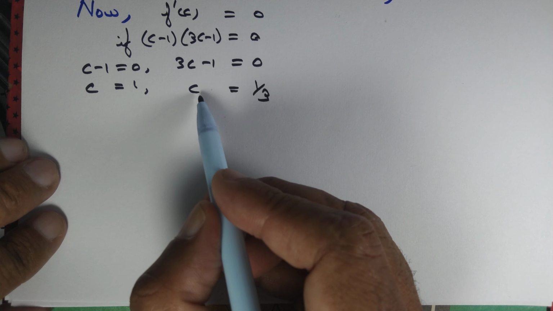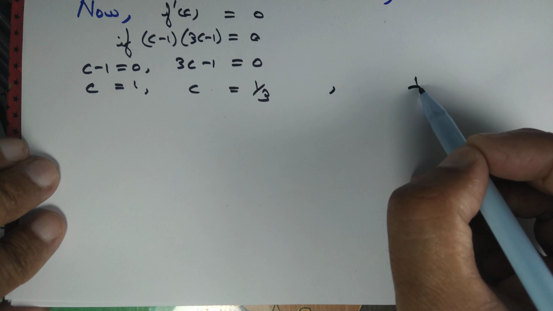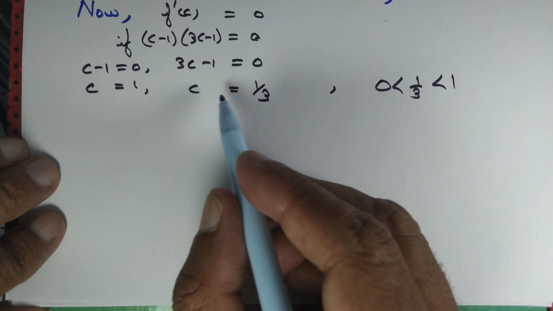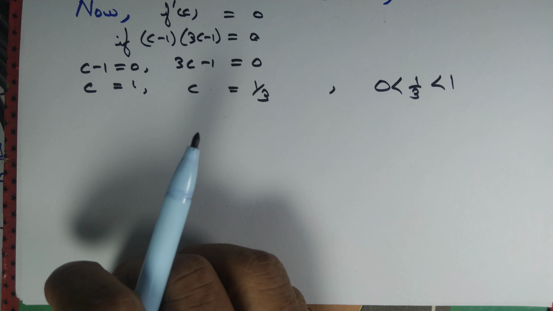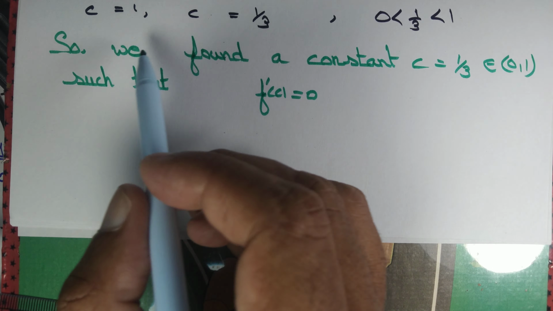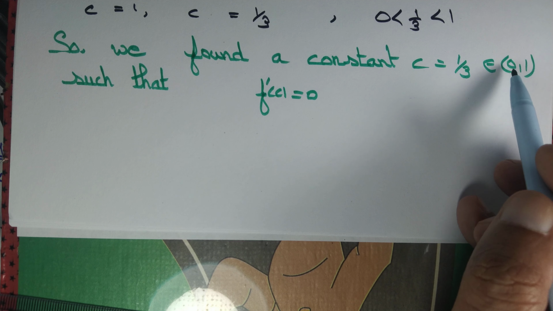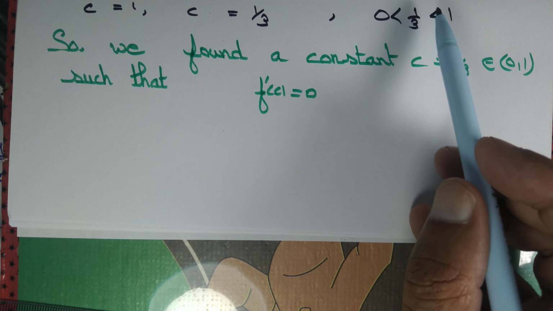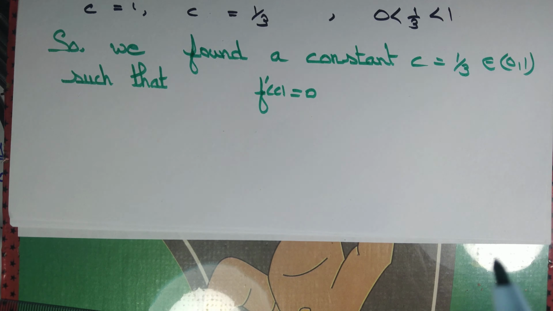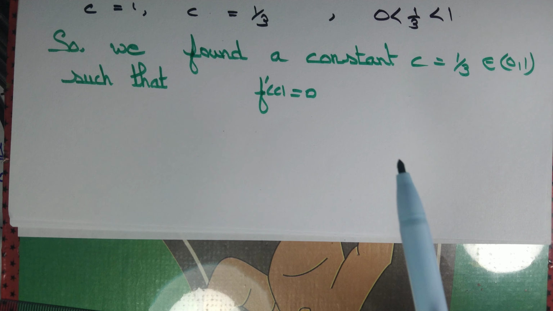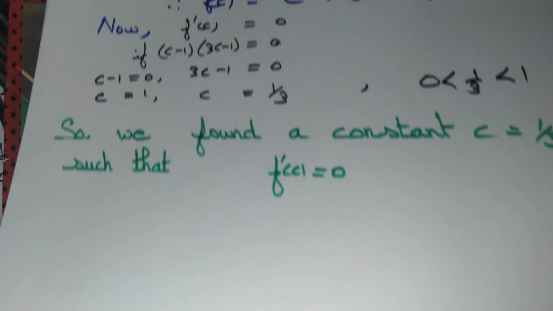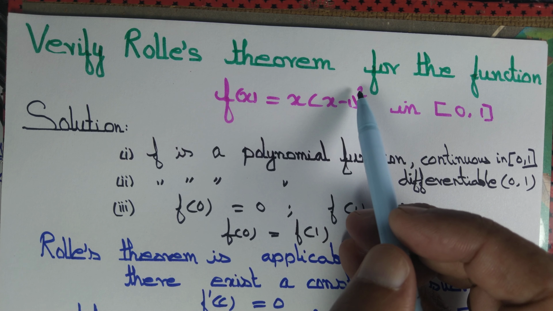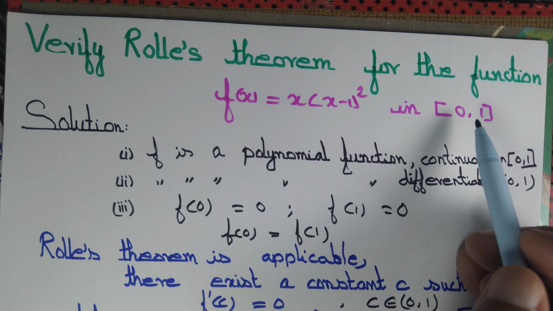The answer is yes. 1/3 is greater than 0, less than 1. So we found a constant c equal to 1/3 in the open interval (0, 1), 1/3 lies between 0 and 1, such that f dash c equal to 0. So we have verified Rolle's theorem for the given function f(x) equal to x times (x minus 1) whole square in the interval [0, 1].